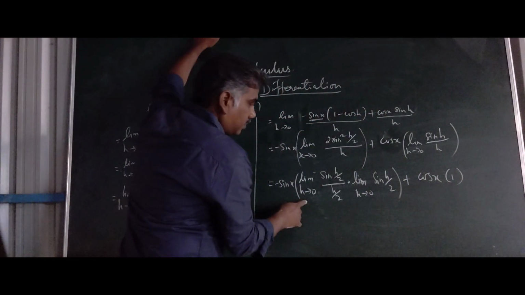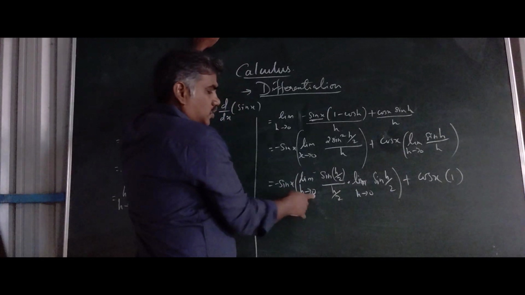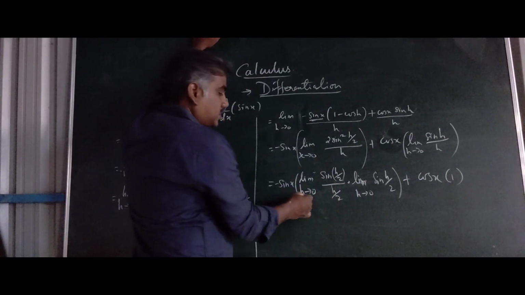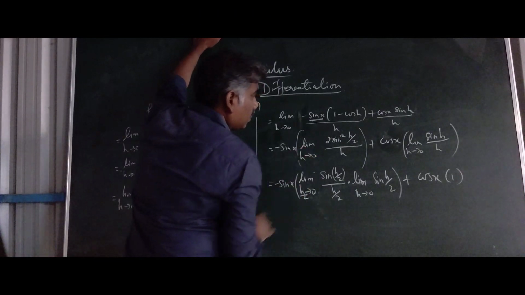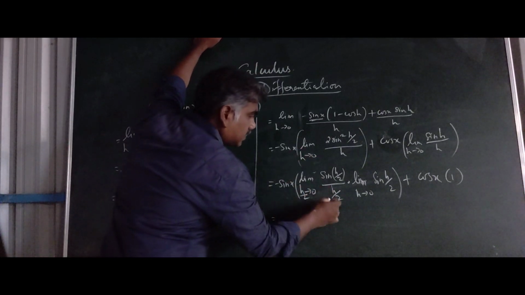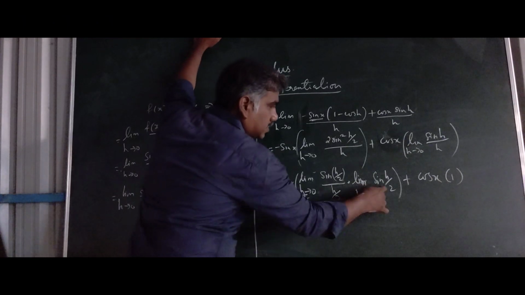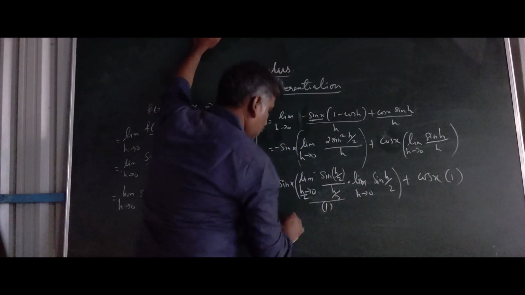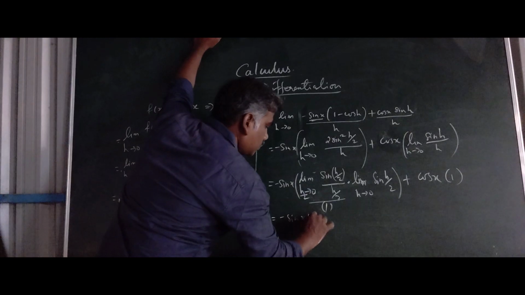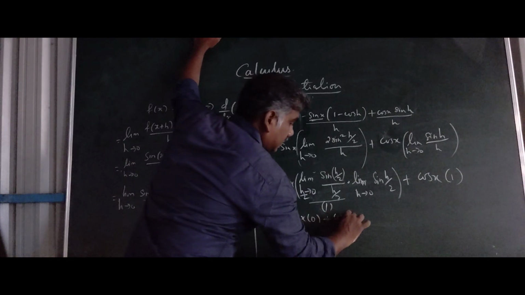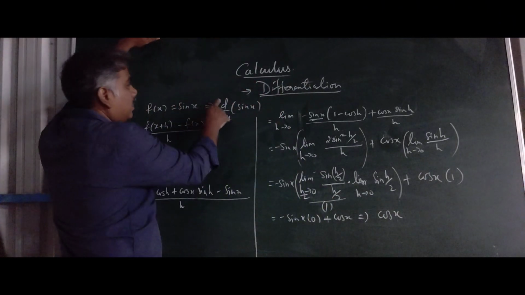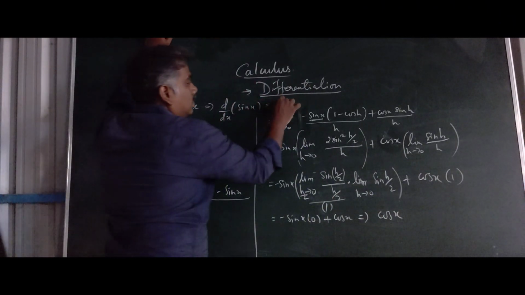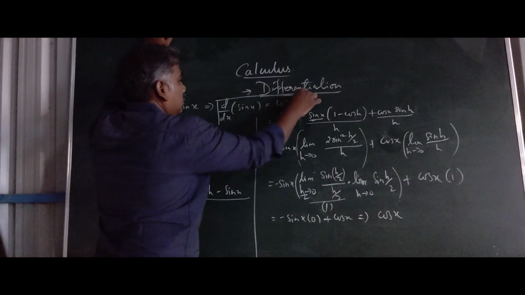If h tends to 0, h by 2 also tends to 0, so this is going to be equal to 1 and this is going to be equal to 0, because sin 0 is 0. So minus sin x into 0 plus cos x, which is equal to cos x. Therefore the derivative of sin x is equal to cos x, hence found.